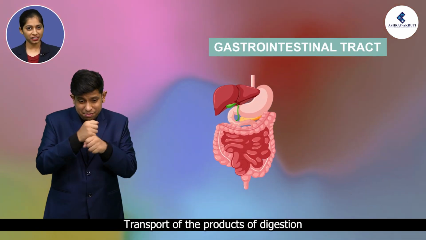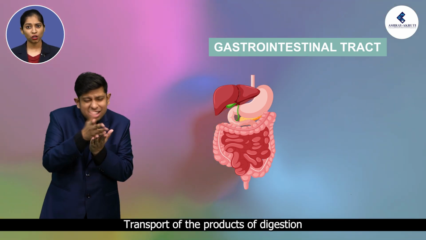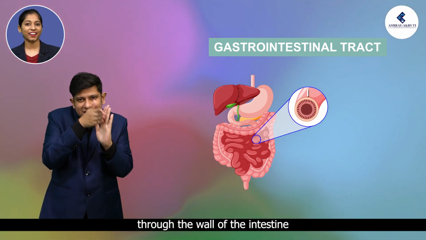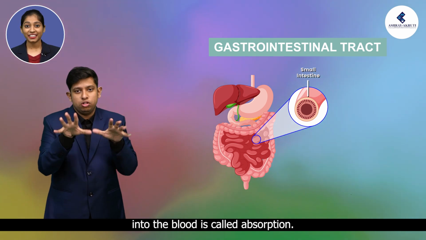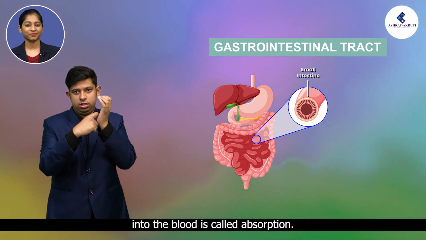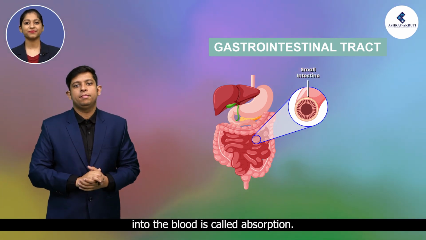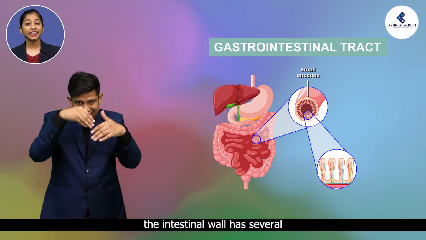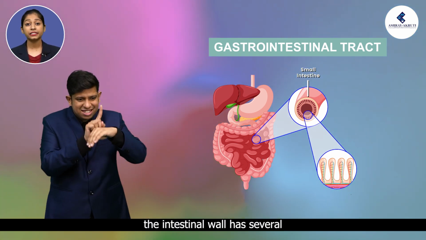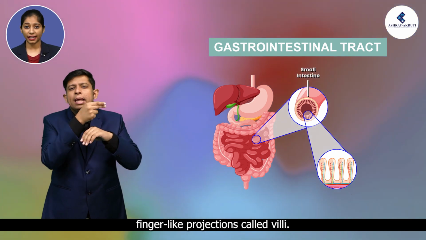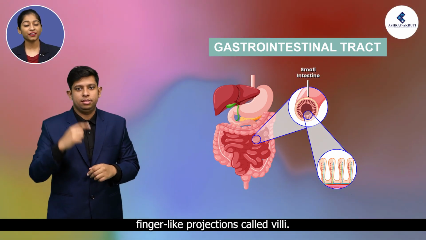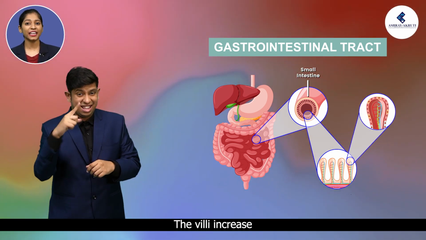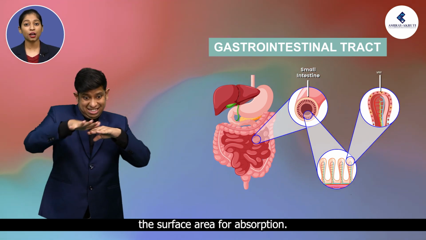Transport of the products of digestion through the wall of the intestine into the blood is called absorption. Internally, the intestinal wall has several finger-like projections called villi. The villi increase the surface area for absorption.